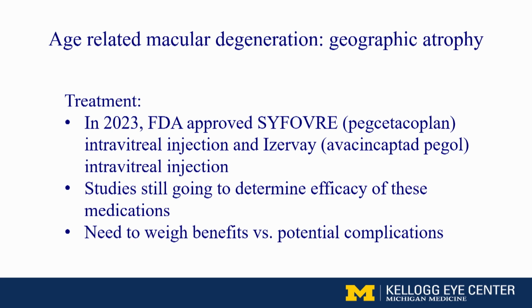And it has been shown that that can slow the progression of geographic atrophy by a matter of months. So it's not slowing things tremendously, but it does slow it for months. There are drawbacks to the injections. And so you really need to talk to your physician about whether the benefits of the injections outweigh the potential complications.